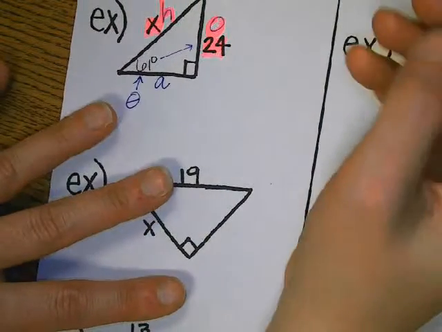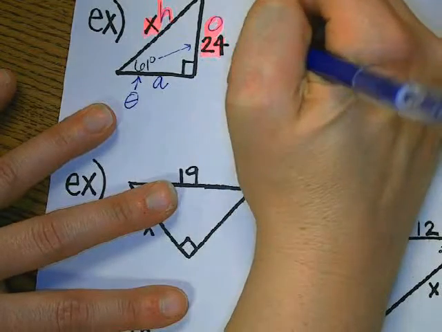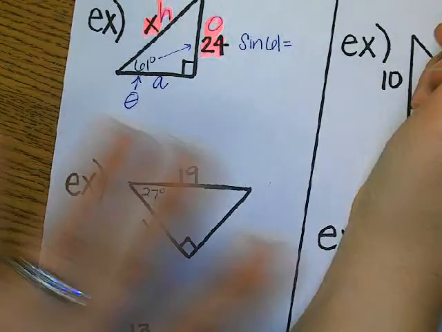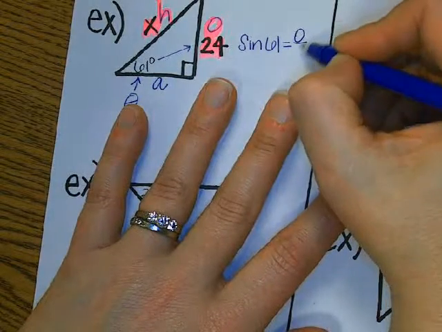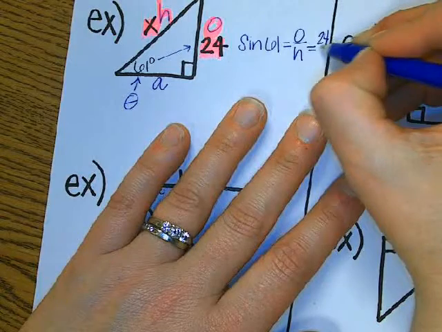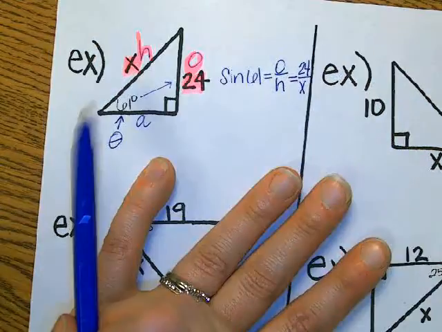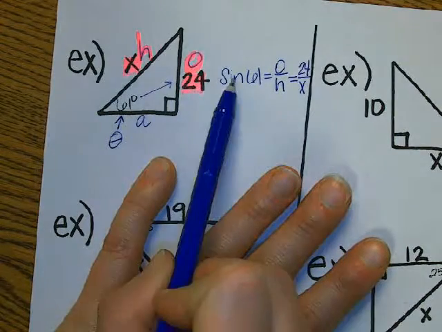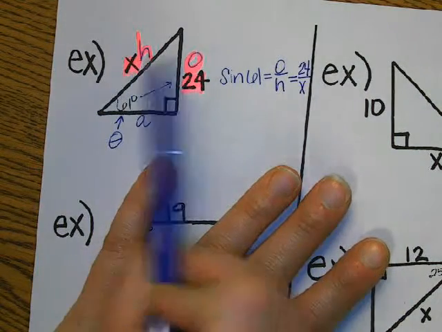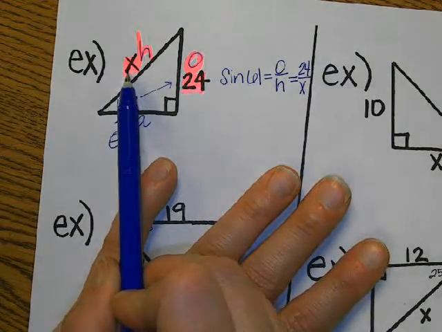So we're going to say sine of 61 equals opposite over hypotenuse, which is 24 over x. Does that make sense? We picked sine because it was opposite and hypotenuse, and it equals that fraction 24 over x.